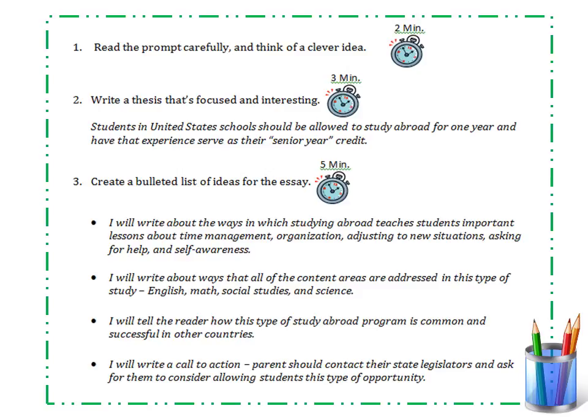Here's what this student came up with for the thesis. Students in United States schools should be allowed to study abroad for 1 year and have that experience serve as their senior year credit. And then this same student went on to step 3 and created a bulleted list of ideas for that essay, all that responded to the prompt and all that supported the thesis from step number 2.